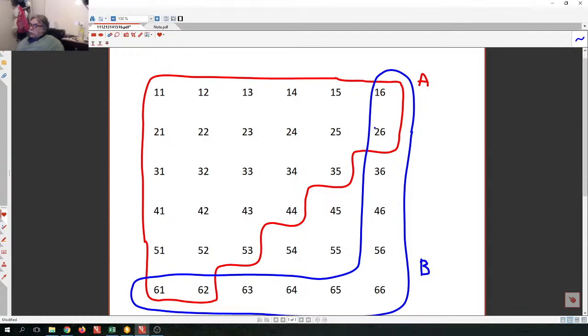Okay? So when you want to find out the probability of A, these are all equally likely. It's equally likely to get any number on the first die, any number on the second die, and there are 36 of them. So we can use a formula. The probability of B is easier to calculate here because you have less to count. That's clearly 11 out of 36. That's the probability of B. What's the probability of A?